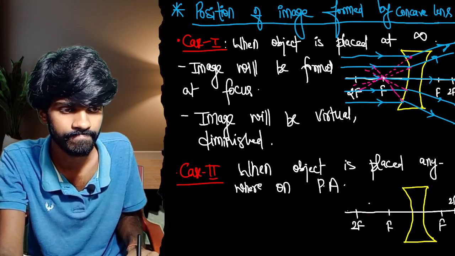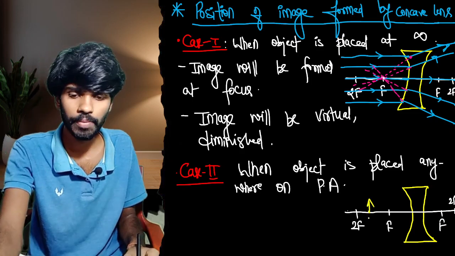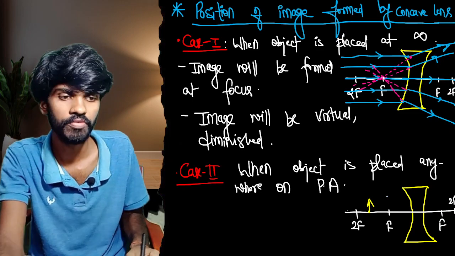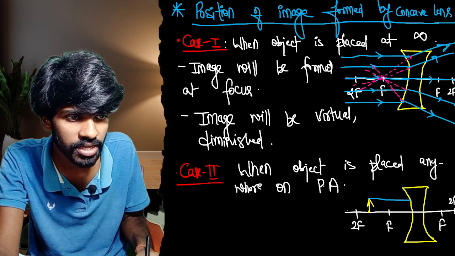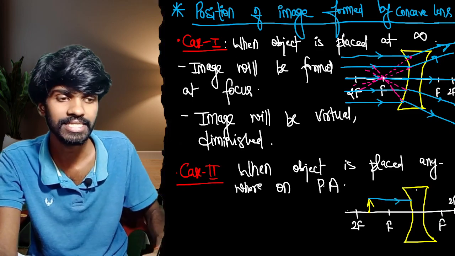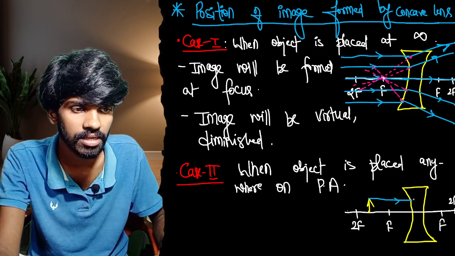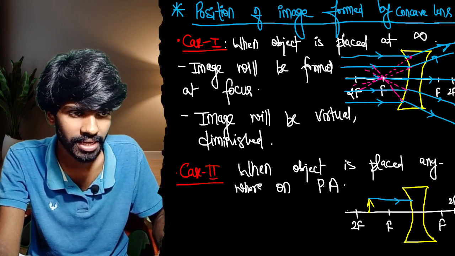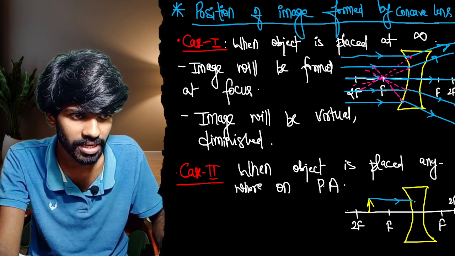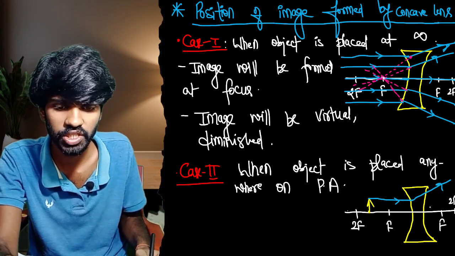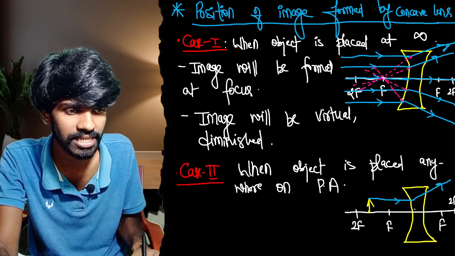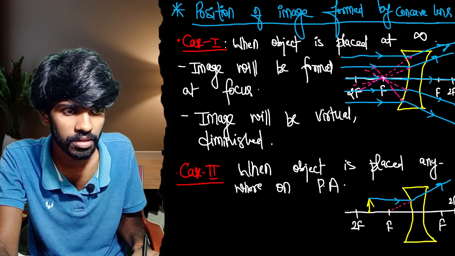Okay, so what will happen in this situation? We are already aware about that. In this situation, rays coming from this point will go like this, parallel to principal axis, and it will refract in such a manner that it will appear to come from a certain point, which is called the focus.